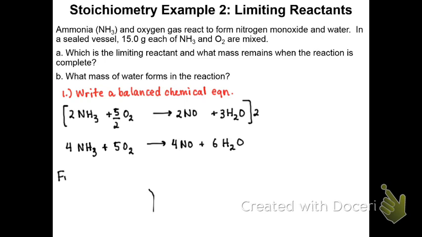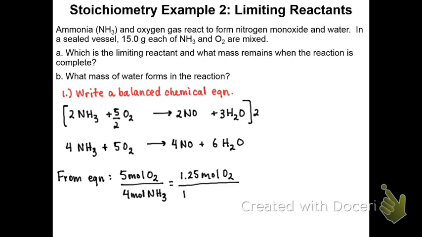So from the equation, we know that we need 5 moles of oxygen for every 4 moles of ammonia. And so that reduces to 1.25 moles of oxygen for every 1 mole of ammonia. So this is our required stoichiometric ratio.